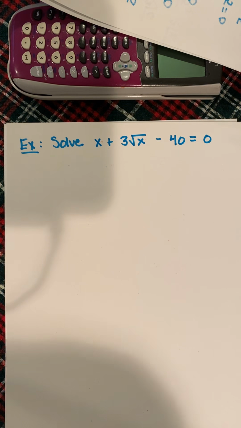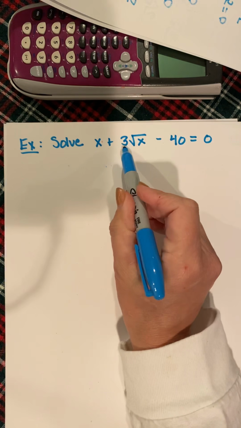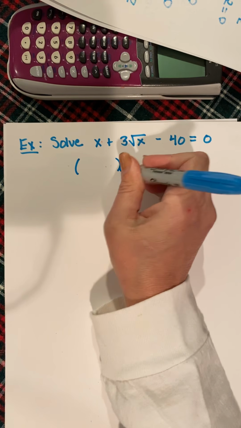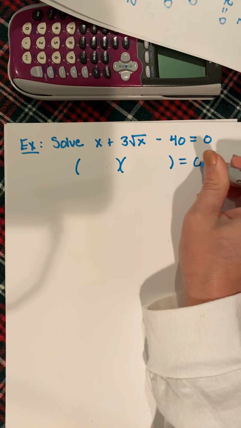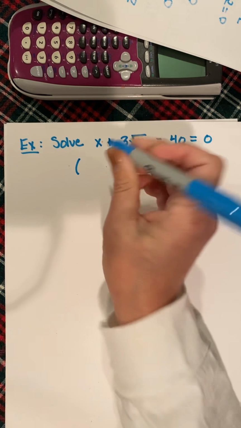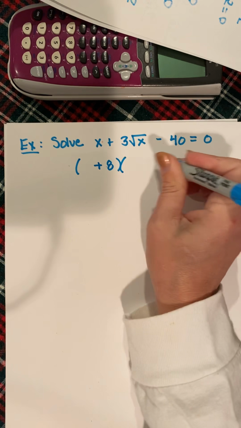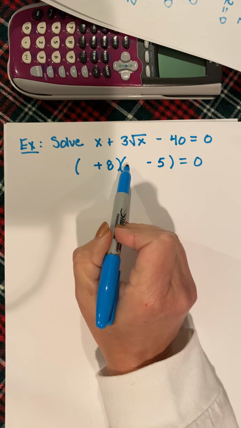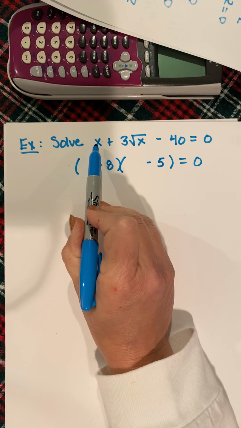So it looks like we really took things up a notch here. This really isn't all that terrible though. We still have this relationship between positive 3 and negative 40. So what I'm looking for, and these all factor nicely in this section, I'm going to have positive 8 and minus 5. The tricky thing is, what do I put here and here such that when I multiply it, I get x?